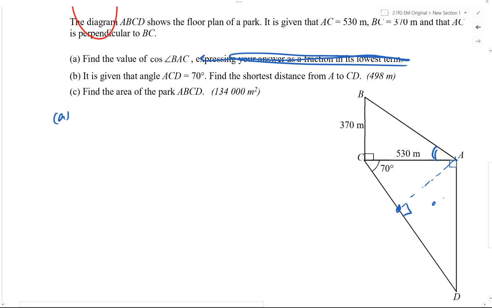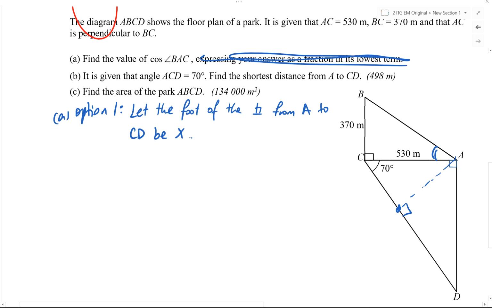So there are two ways you can do it, and you should be copying this down. Option 1: Let the foot of the perpendicular from A to CD be X. This is the first option.